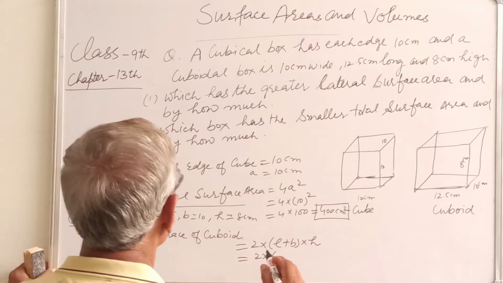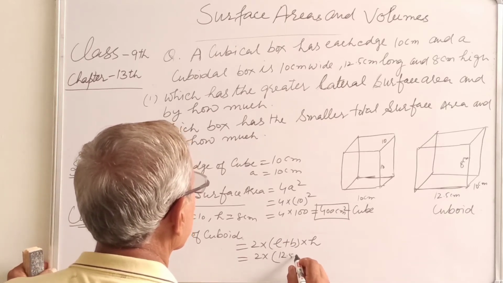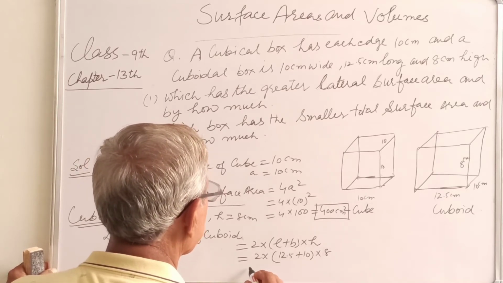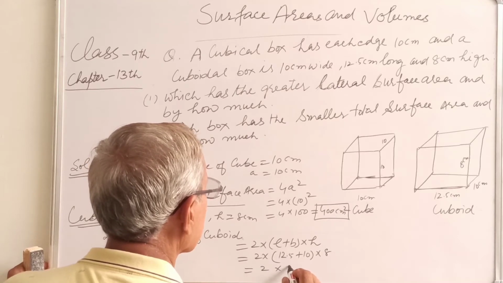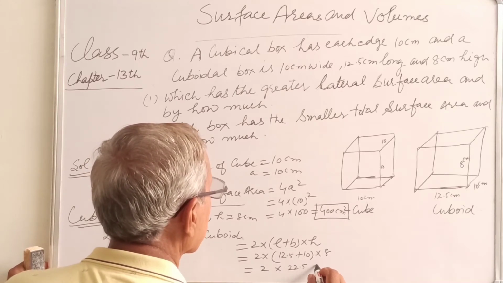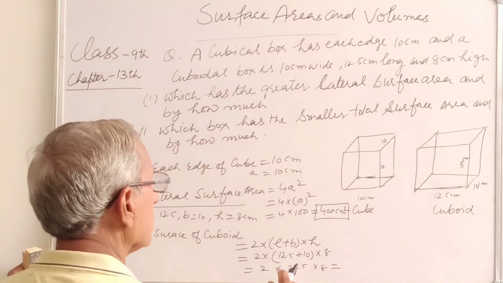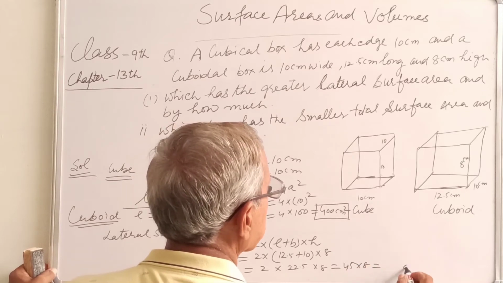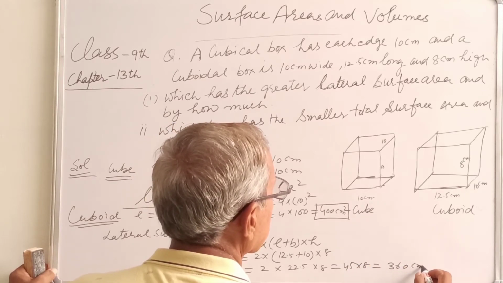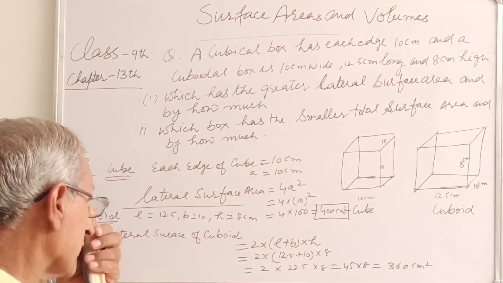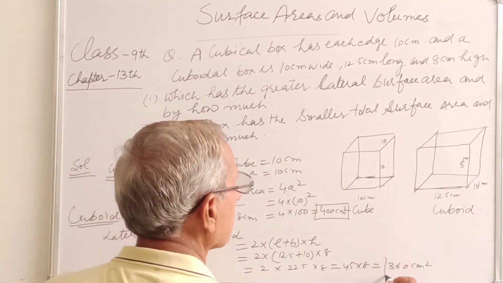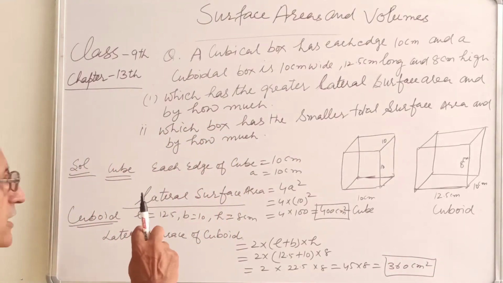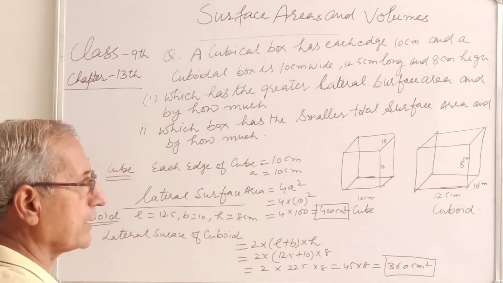L is 12.5, B is 10 and H is 8, so 2 into 22.5 multiplied by 8, 45 multiplied by 8, that is 360 centimeter square. So just see, the lateral surface area of the cuboid is 360 centimeter square, whereas the lateral surface area for the cube is 400 centimeter square.